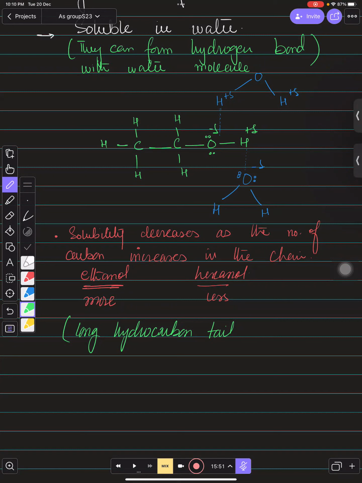So you can say that the long hydrocarbon tail disrupts the effectiveness of hydrogen bonding.